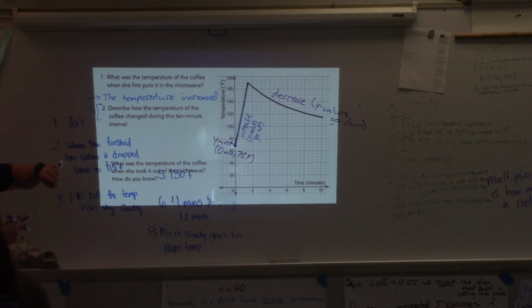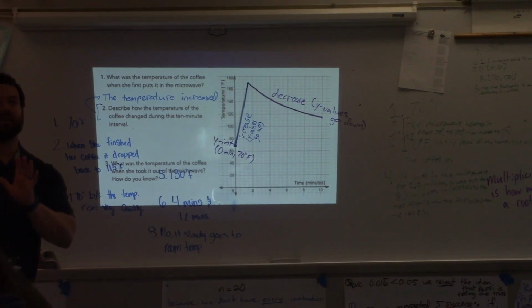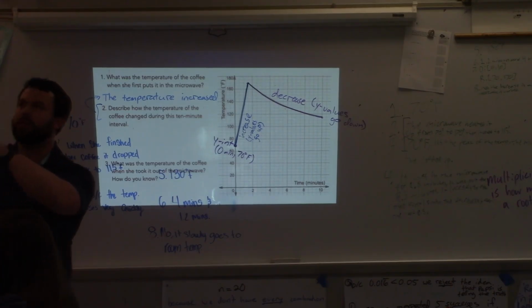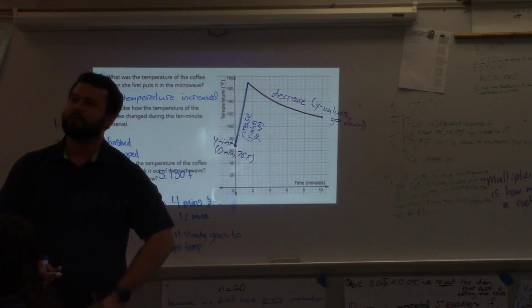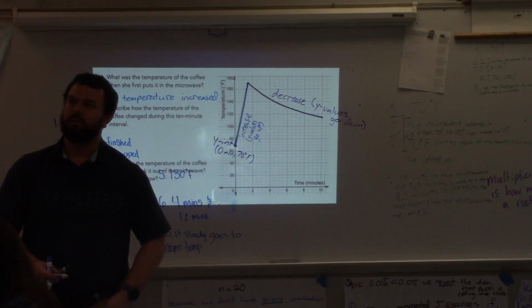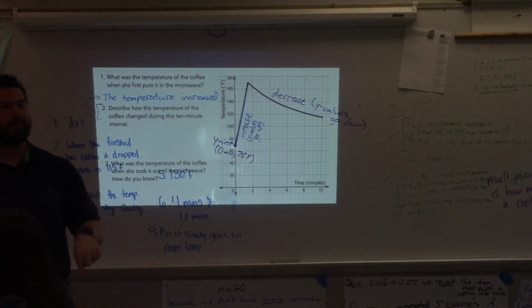But I'm gonna pause here for a second, because y'all all talked about the increasing from 70 to 170, which is the most common thing that students wanna do when talking about increase. But what did I talk about over here with the kings? What did I ask y'all to add on to? From 0 minutes to 1.5 minutes.